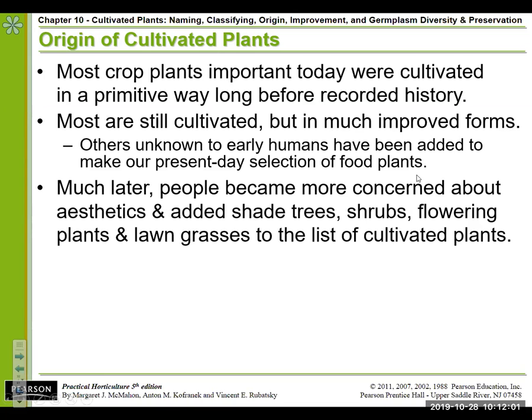But it wasn't until much, much later that we became concerned about using plants for aesthetic quality, using them for things like landscaping. So since then, we really added so much to the list of cultivated plants because we're looking at characteristics based on just the way they look instead of how we use them.